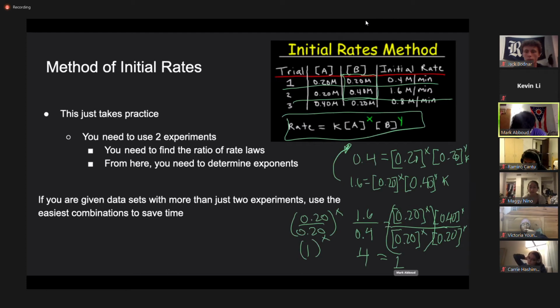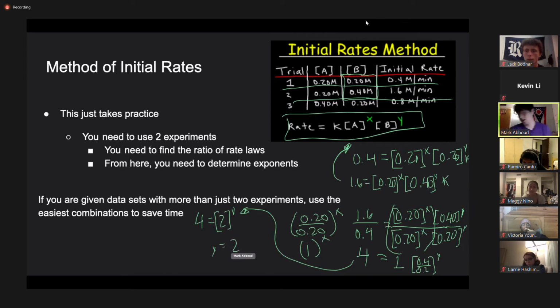The second half we can write as 0.4 over 0.2 to the y. I'm going to move this over here because I'm out of space. So that would be 4 equals 2 to the y, which means y equals 2.